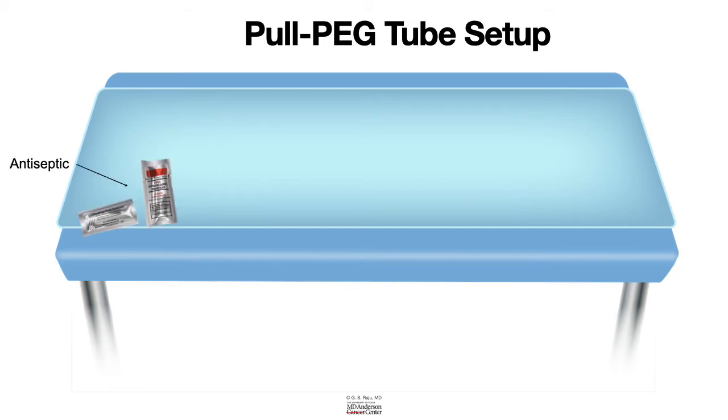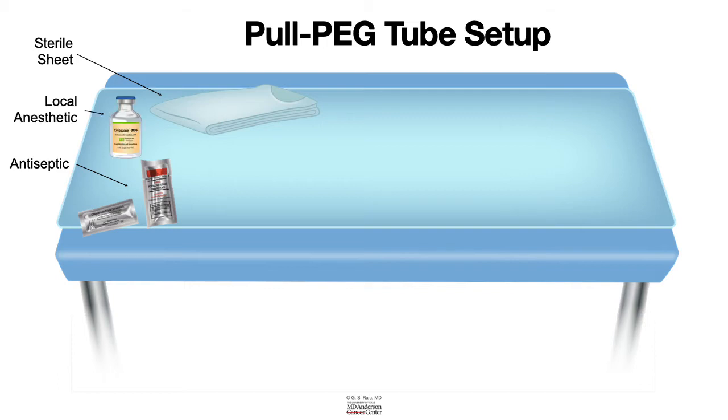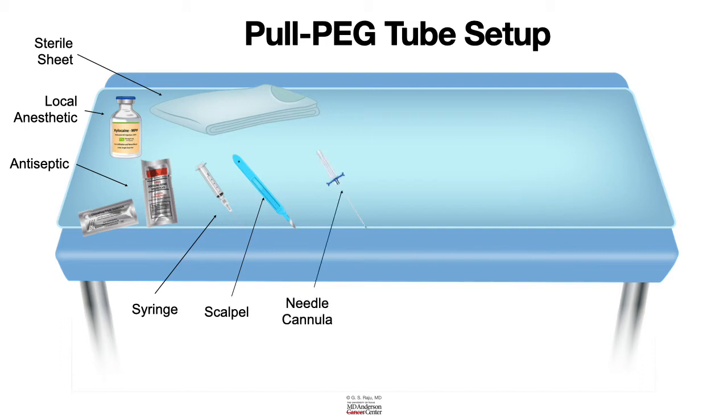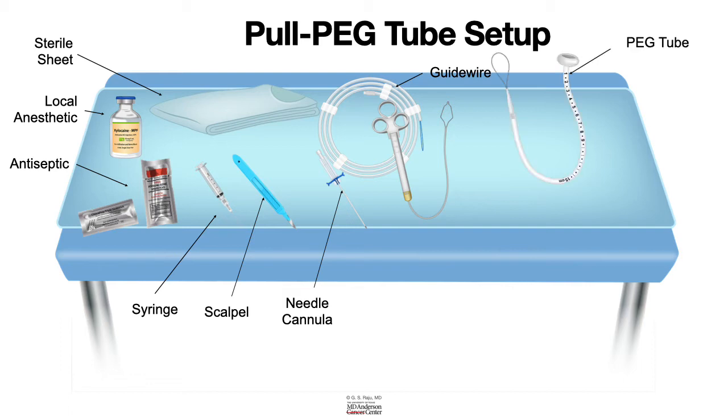Antiseptic solution to clean the skin, a sterile sheet to keep the operating field sterile, local anesthetic, syringes to anesthetize the skin, a scalpel to make the skin incision, a needle cannula to insert the guide wire, and once the guide wire is in the stomach, you use a snare to pull the guide wire out of the mouth, and you attach a PEG tube to that guide wire and then pull it back. That's why it's called the pull PEG tube.